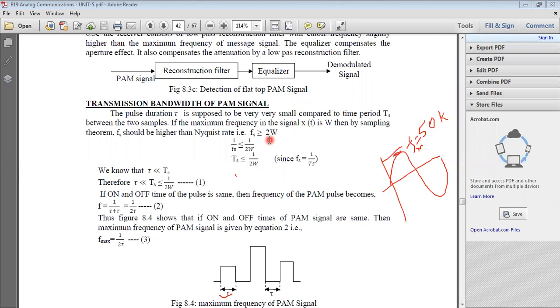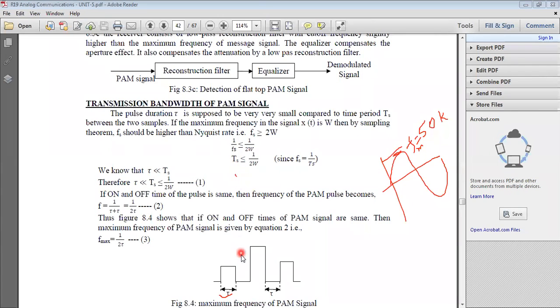Now, according to this equation, we can write 1 by Fs, since it is a reverse. So therefore, 1 by Fs is less than or equal to 1 by 2W. But what is 1 by Fs? It is nothing but capital Ts.